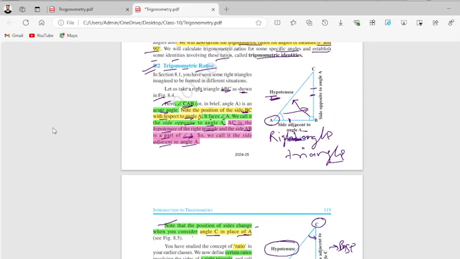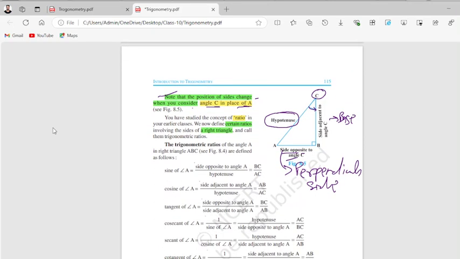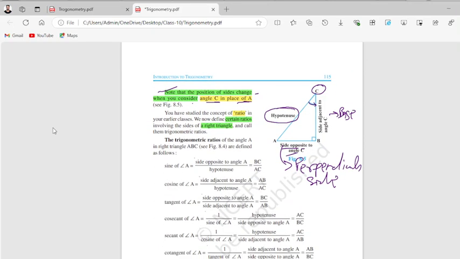Since we have taken this angle, this will be the perpendicular, and this side will be the base. So basically, the difference comes from which angle you take. In this figure, we can take this angle for the calculation, so this will be the base side, and this will be the perpendicular side of the triangle.